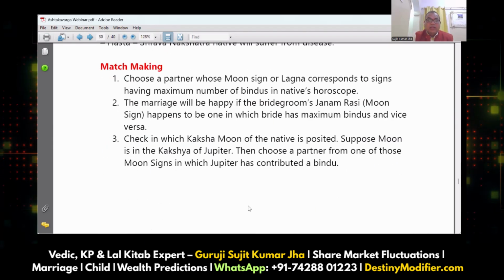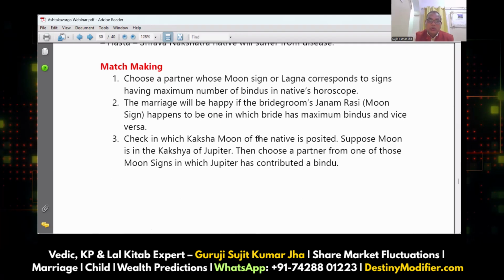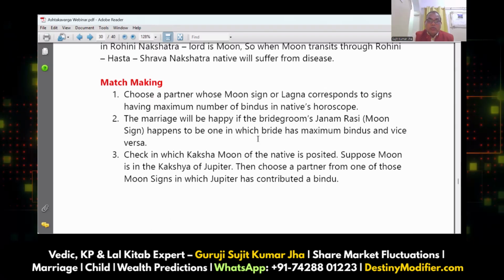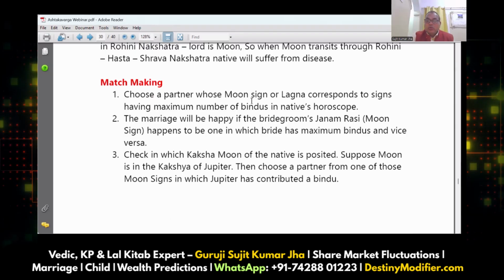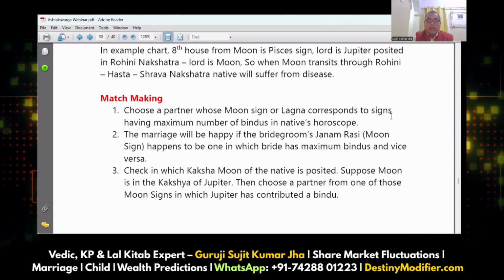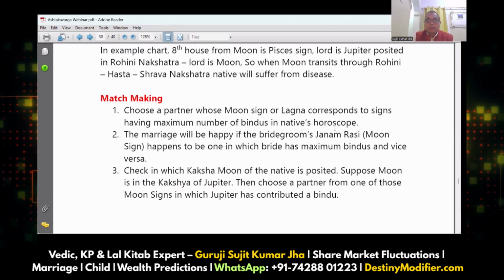Then how to find matchmaking? For matchmaking, the Ashtakavarga concept is used minutely. What do we have to do? We check that she chooses a partner whose Moon sign or Lagna corresponds to the sign having the maximum number of bindu in the native's horoscope.